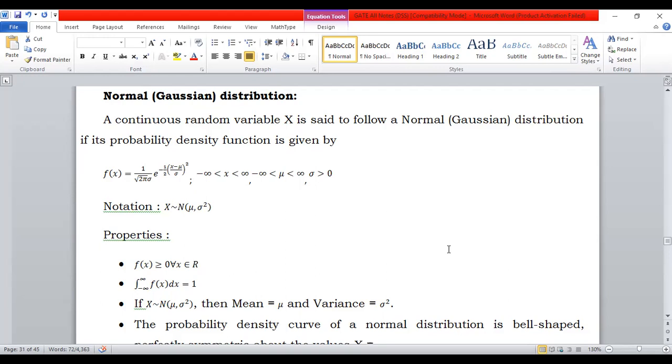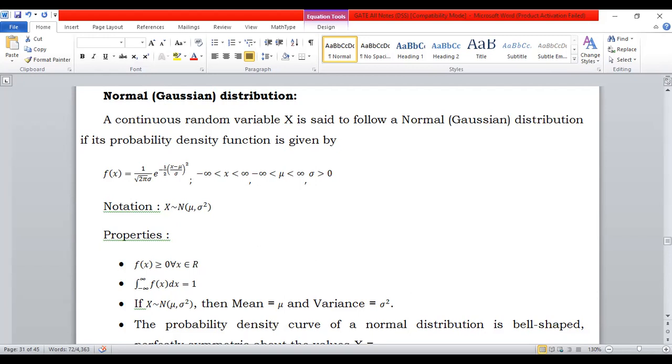A continuous random variable x is said to follow a normal or Gaussian distribution if its probability density function is 1 upon root 2 pi sigma e to the power minus 1 by 2 into (x minus mu upon sigma) whole square. Here x can be any real number, mu is the first parameter and sigma is the second parameter. The range of mu is from minus infinity to plus infinity and sigma is any positive real number.